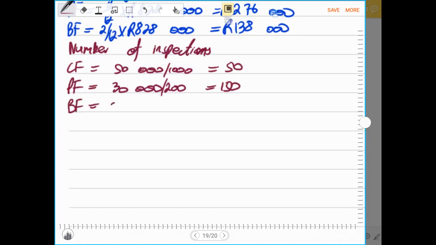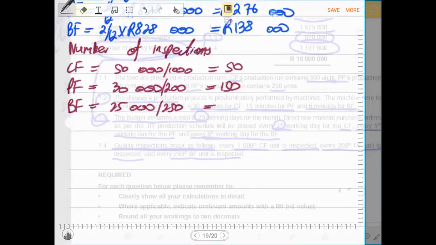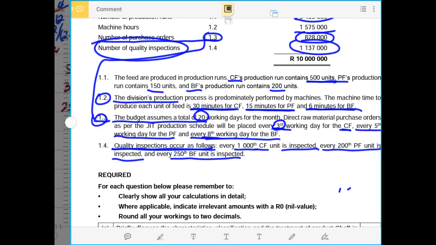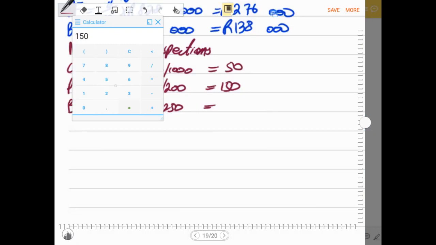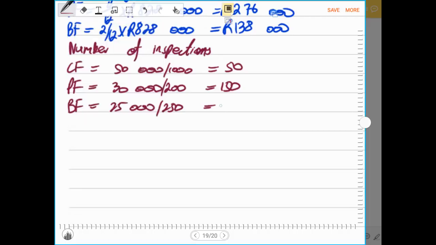Product BF, we have 25,000, and every 250 units of BF production we do an inspection. So 25,000 divided by 250 becomes 100. So now the number of inspections will be 300 inspections.